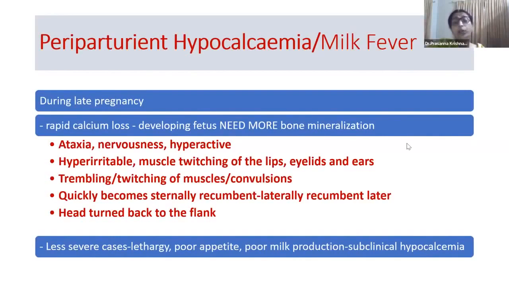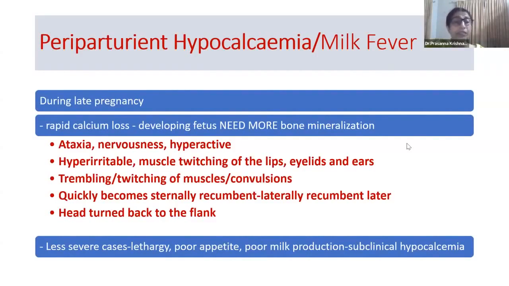They quickly become sternally recumbent, and later laterally recumbent. Then you can see the characteristic posture, head turned back to the flank. That is very typical of milk fever or periparturient hypocalcemia, and that is the severe condition of hypocalcemia.